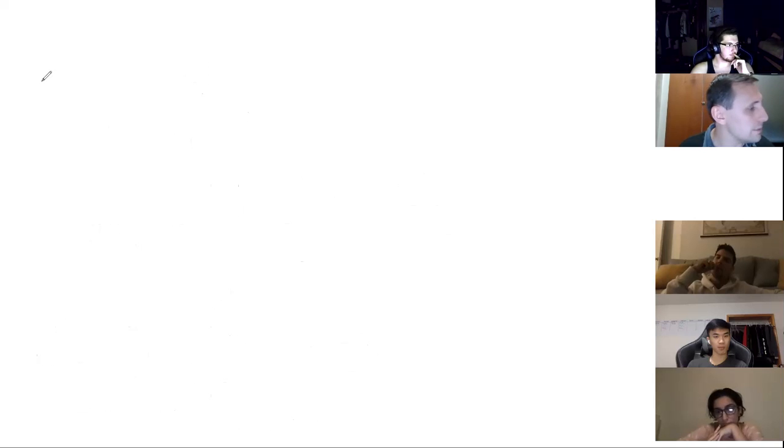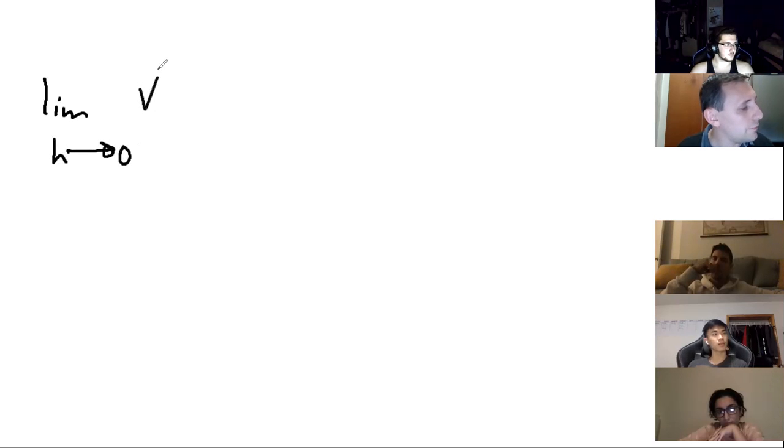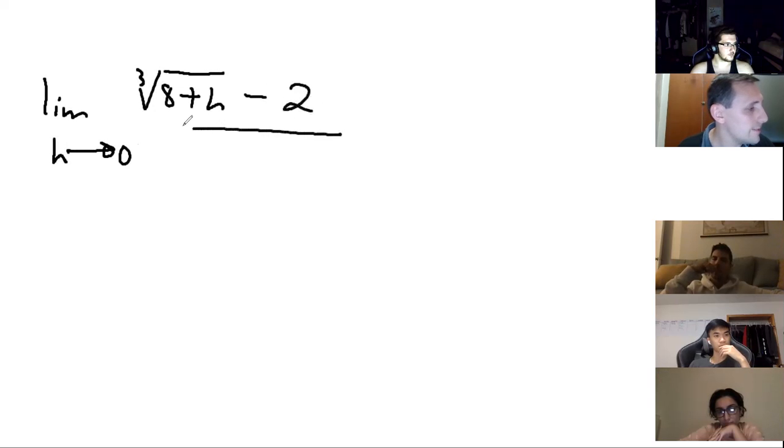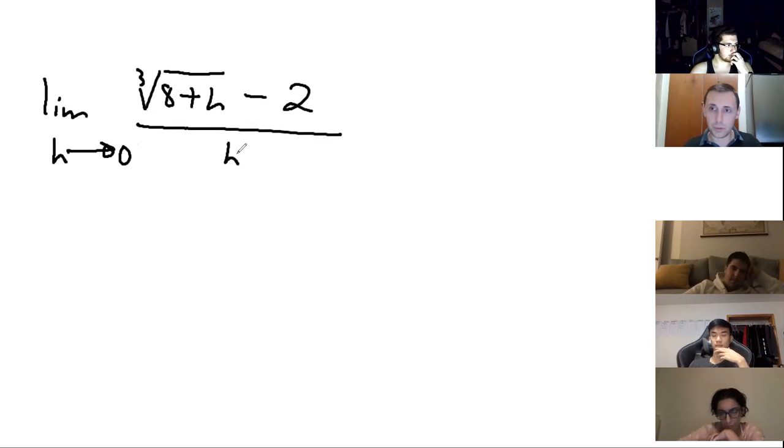Look at it, guys. Can you tell me what this limit is? I asked you to watch what we are doing, right? So what is this limit, guys? The limit as h goes to 0 of the cube root of 8 plus h, minus 2, divided by h. What is this limit equal to?